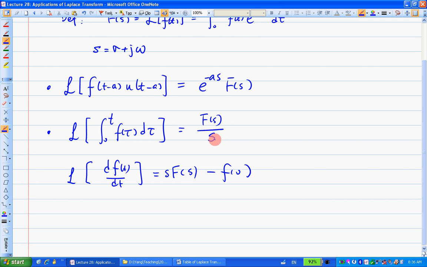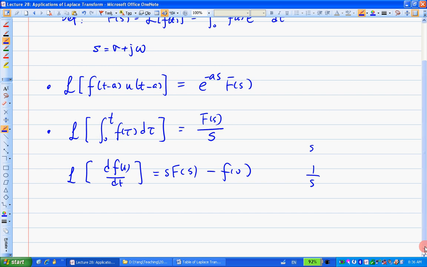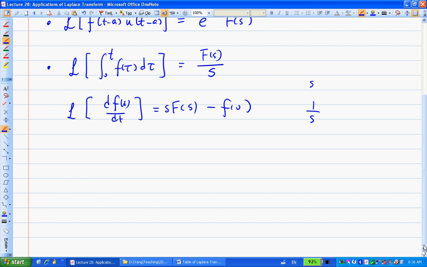So essentially this s itself is functioning as if it's a derivative, and this 1 over s itself is functioning as if it's an integral. We're going to use this Laplace transform to solve problems, and we'll have a better sense of this s and 1 over s.